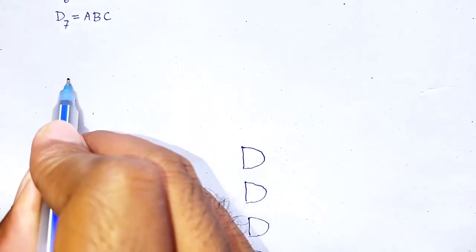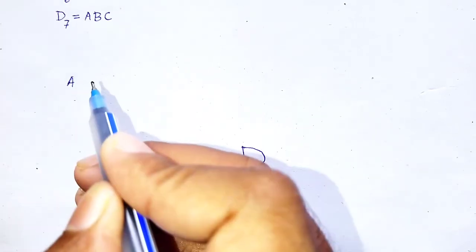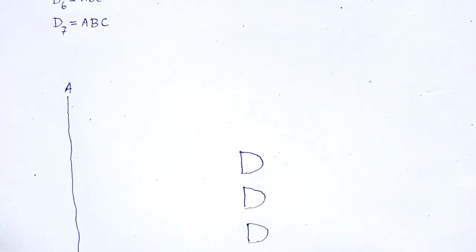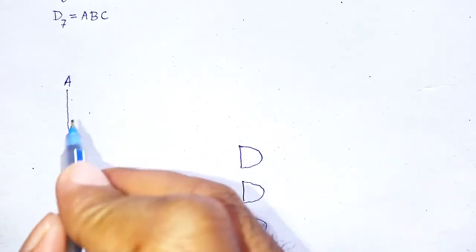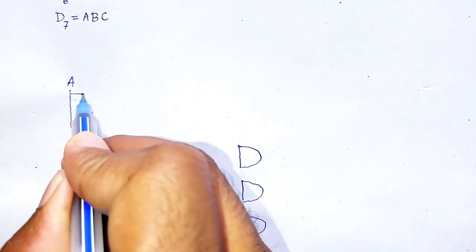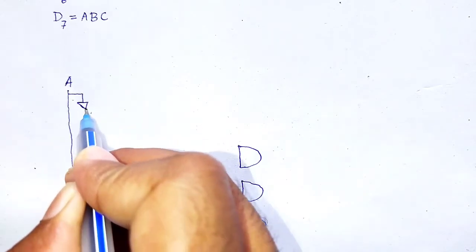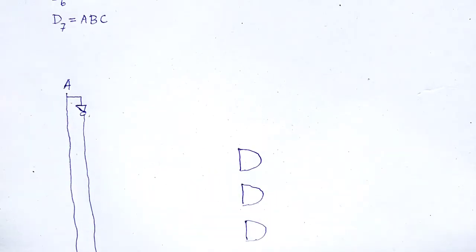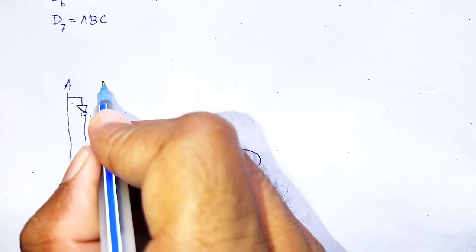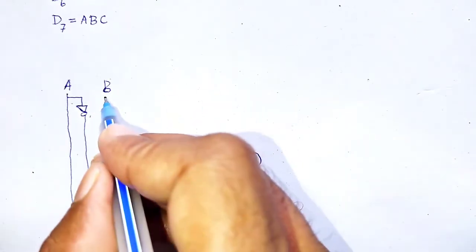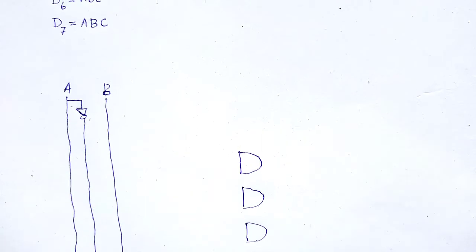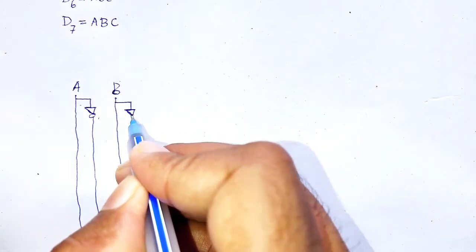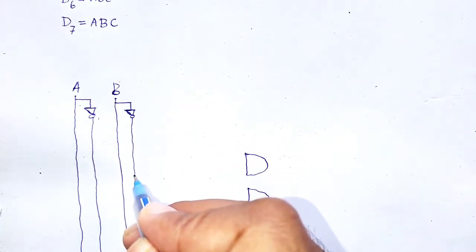The inputs: A is the input, this is A line. For A dash, use a NOT gate, so its output is the A dash line. Next for B, that is B line. For B dash, use a NOT gate, that is B dash line.